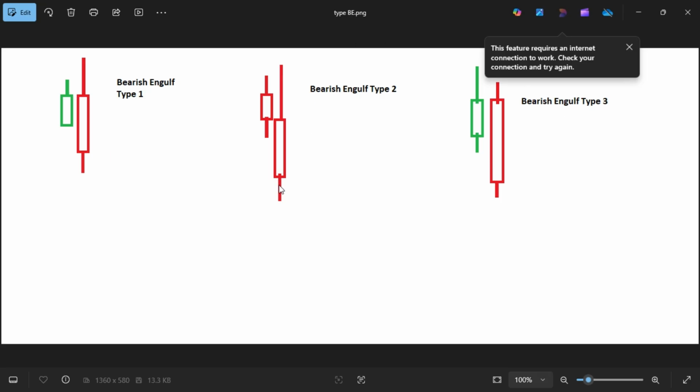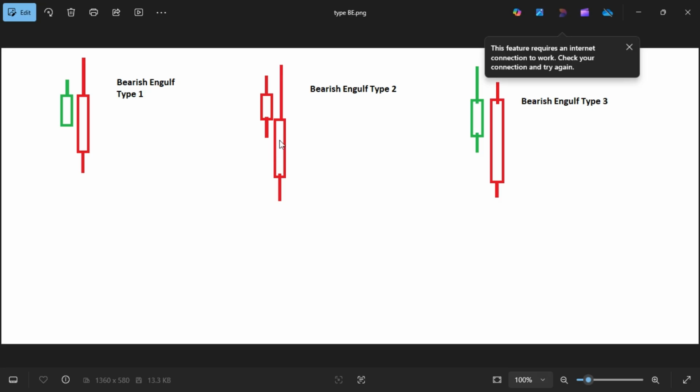In type 2, both of these candles have to be bearish or bullish. In type 2, the shadow of the red Marubozu candle has to be higher than the previous candle.